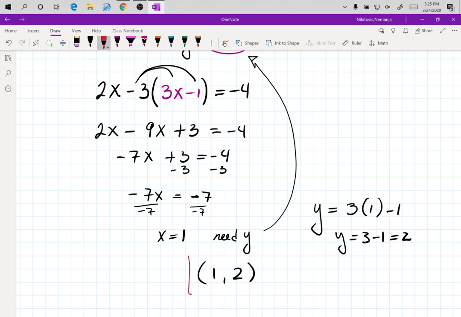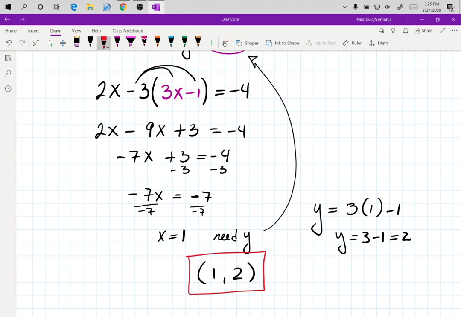You have to put this as a point, because remember, solution is the intersection of the two lines. And two lines intersect at the point that has x, y. So we are going to present the solution to the system as ordered pair x, y.